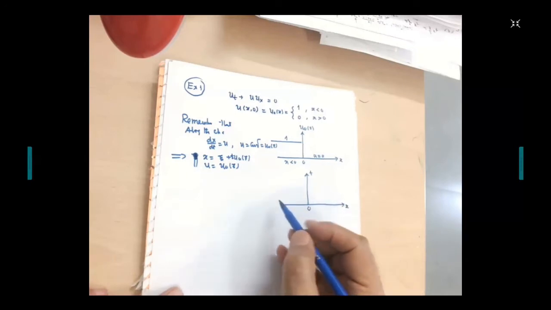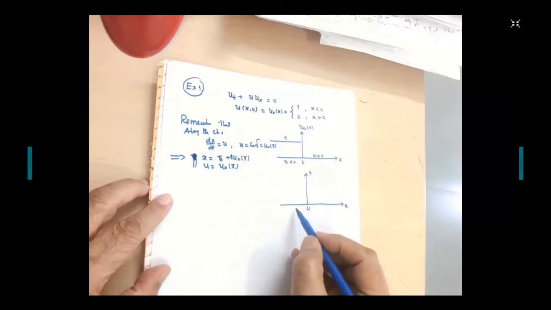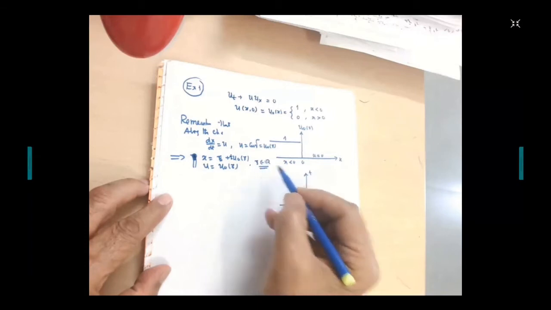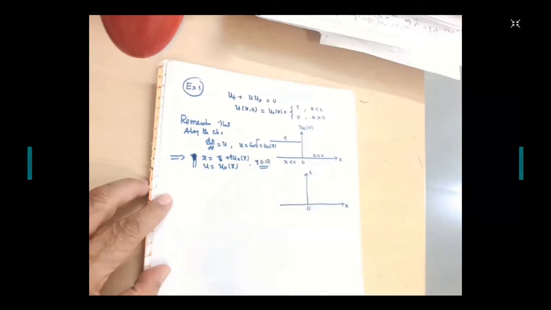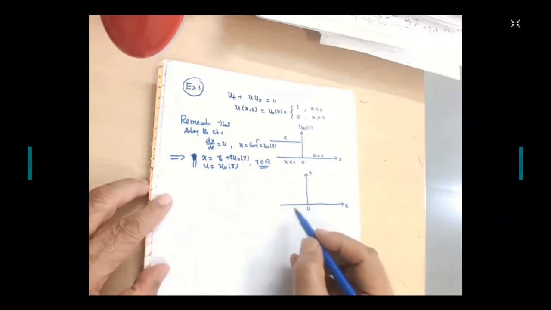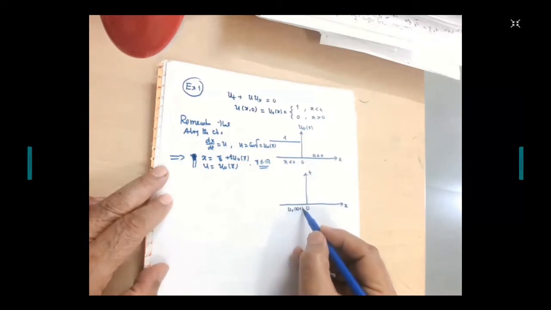For xi less than 0, look here: the characteristics issuing from this part of the real line, where xi is a typical value of x. So for xi less than 0, what is the value of u? On this part, u naught of x is 1.